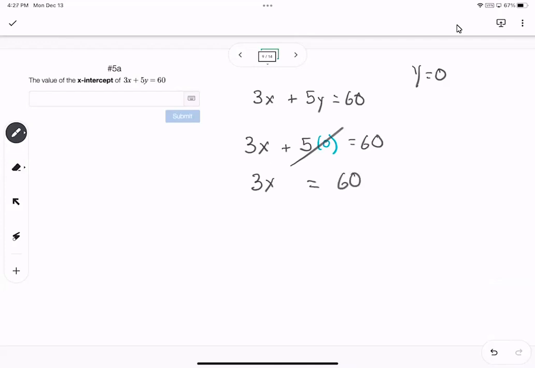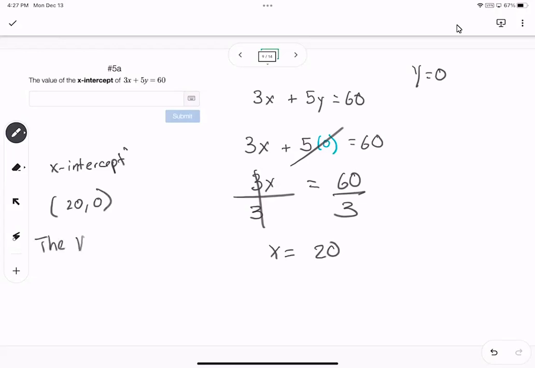Now all we have to do is solve for x. We have 3 times x equals 60. We're going to do the inverse of multiplication. We're going to divide by 3 on both sides. x is equal to 60 divided by 3, which gives you 20. So our coordinate for the x-intercept is (20, 0).